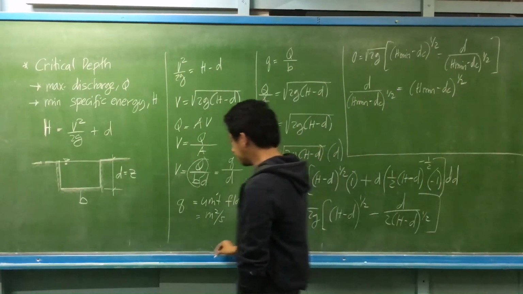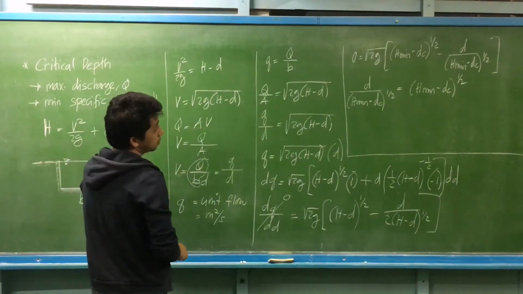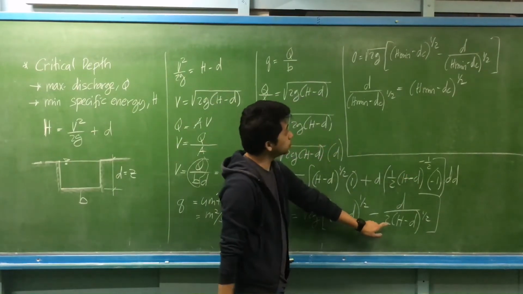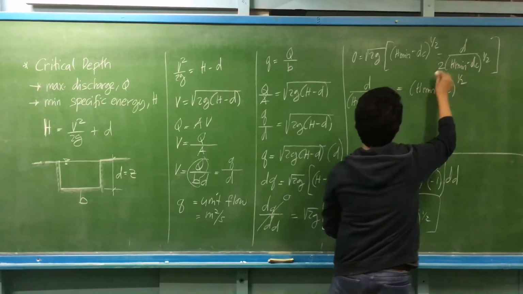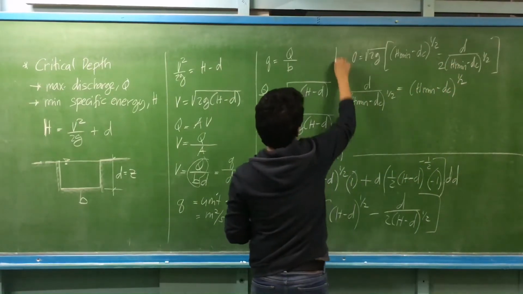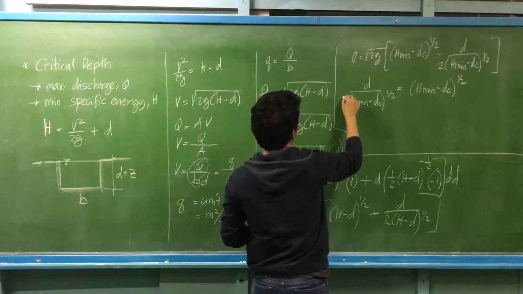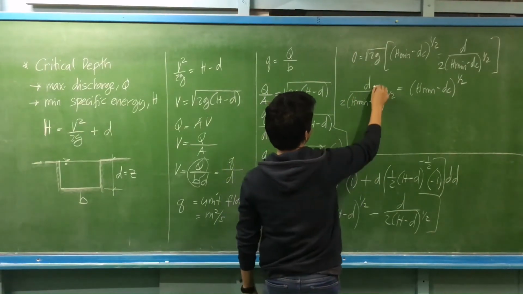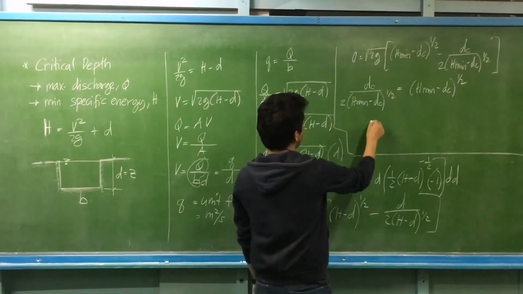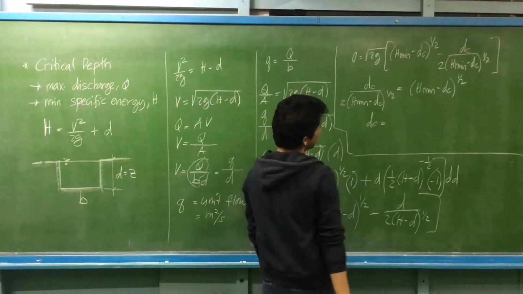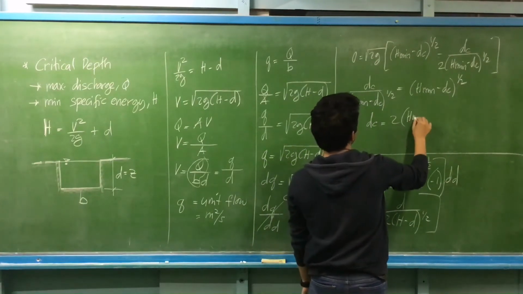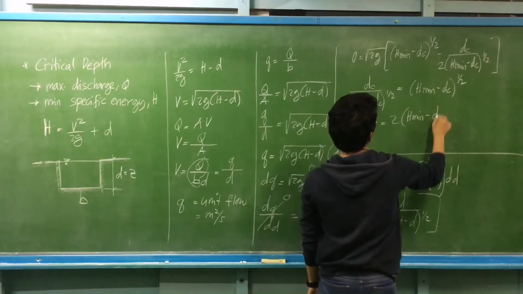So simplifying further, we can combine this. Sorry, it seems a 2 was missing, so there should be a 2 here. So this is the critical depth already. We have the critical depth equal to twice H minimum minus critical depth.